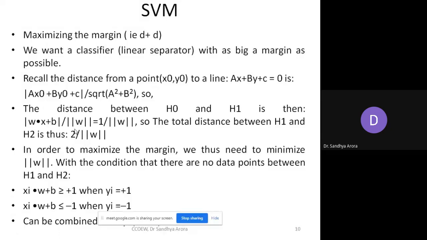So when you are maximizing the margin, it means you want to minimize the value of w. That leads to an optimization problem which works with the Lagrangian form of equation. We'll take a practical, mathematical example, and we'll try to solve that using those equations, which help you maximize that margin.